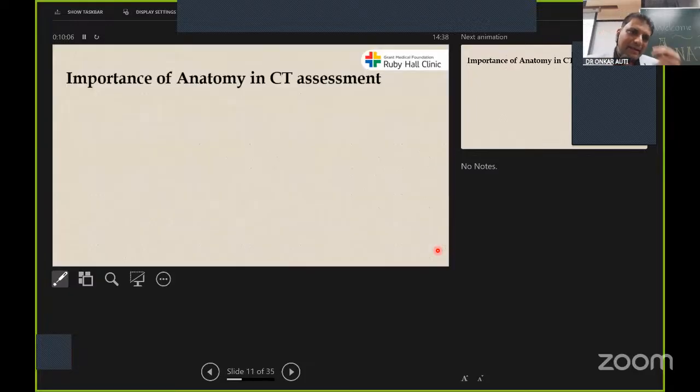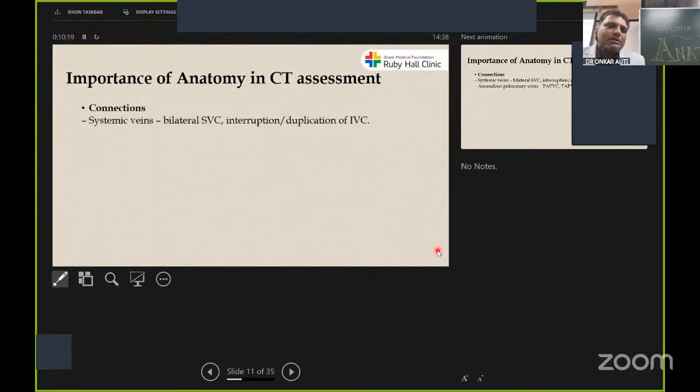Okay, so what is the importance of anatomy? Why are we stressing so much about anatomy in modern medicine? First of all, what is the importance of connections? As I told you, look at the systemic veins and how they are draining. If they are anomalous, there can be bilateral SVCs. A very simple example: let's say there are bilateral SVCs.